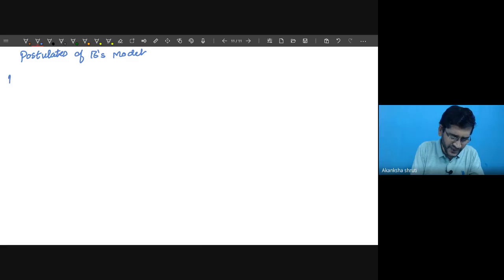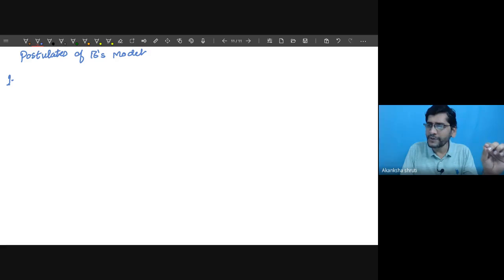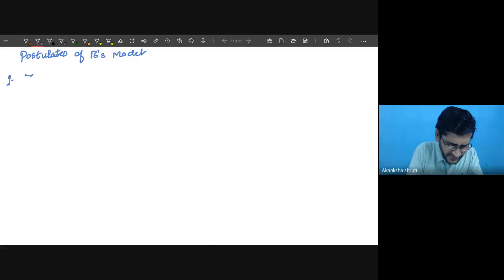The very first postulate, or very first statement, that Bohr had given: there are certain special orbits, or circular paths, over which the electrons are able to revolve. So electrons cannot revolve in the entire space outside the nucleus, but there are certain circular paths over which the electrons revolve. They are called orbits. Right?